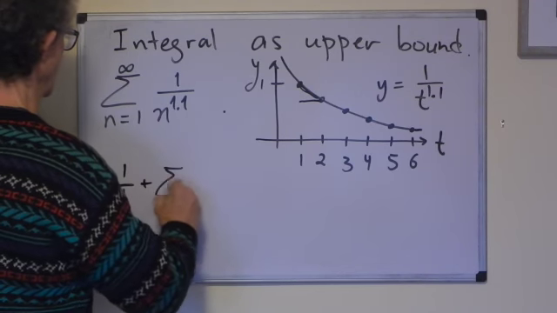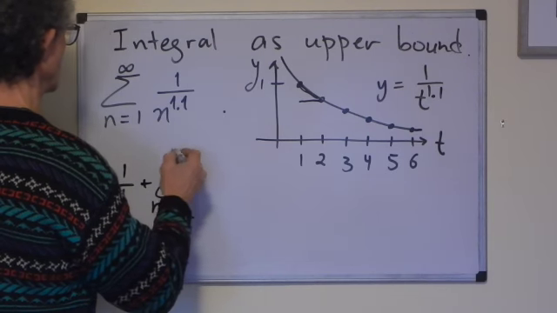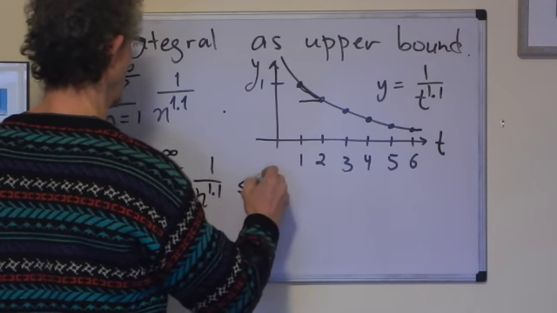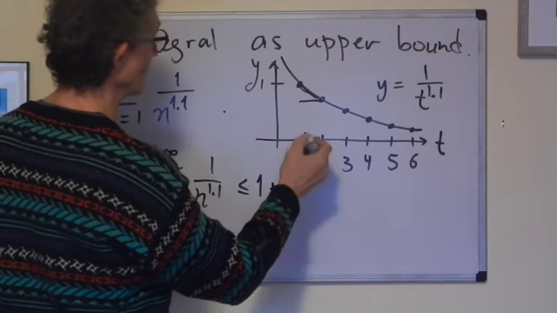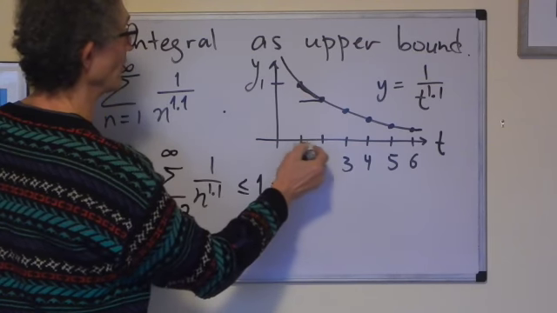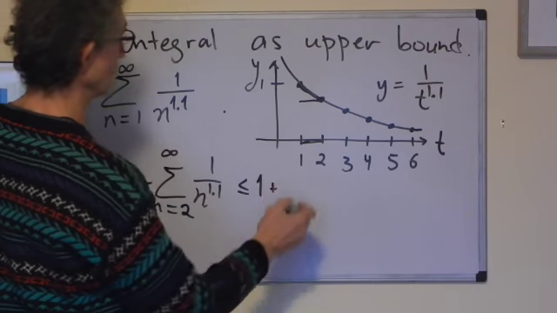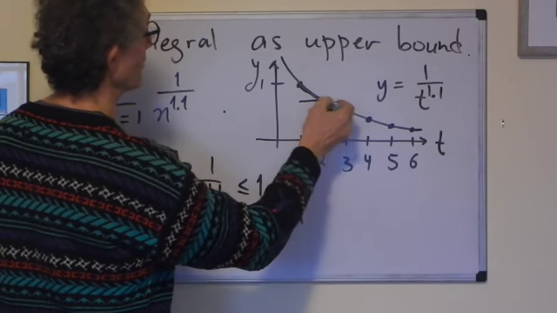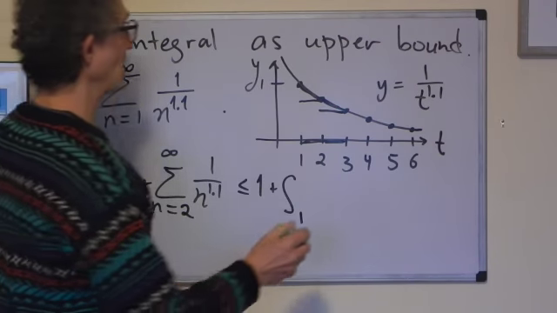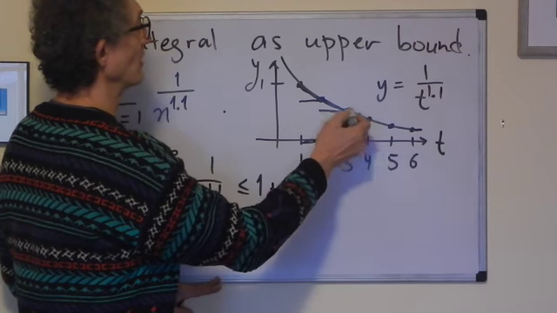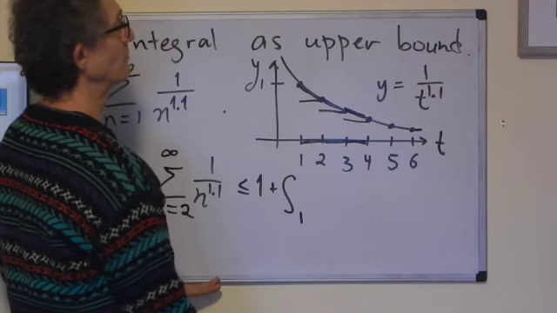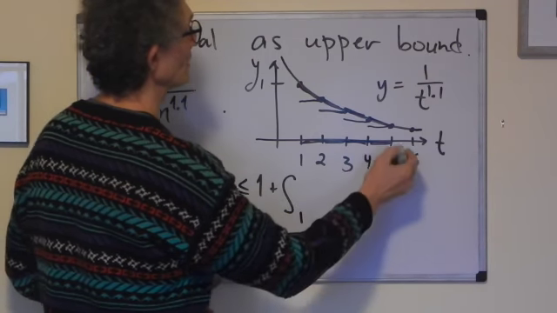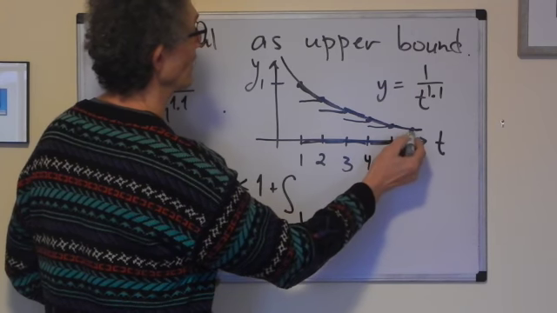So, if I take the sum for n going from 2 to infinity of 1 over n to the 1.1, that is bounded by, well, the first term, and then this integral, the integral between 1 and 2, gives an upper bound for the value at 2, and then the integral between 2 and 3 gives an upper bound for the value at 3, and the integral between 3 and 4 gives an upper bound for the value at 4, and the integral between 4 and 5 gives an upper bound for the value at 5, and the integral between 5 and 6 gives an upper bound for the value at 6, and so on.